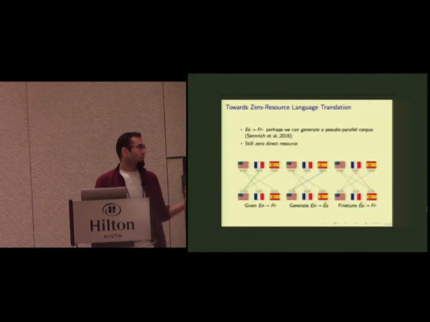So what we can do in terms of zero-resource translation: we were given, let's say, English-French bitext. We can generate some Spanish data using the English side of our bitext, and then use the target side of French and the generated Spanish data. We can fine-tune this pair, this path, but only fine-tune the alignment parameters.